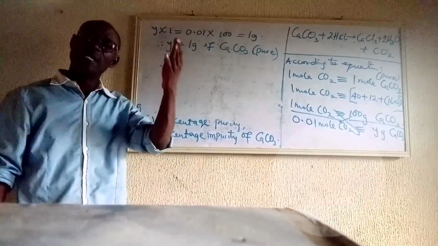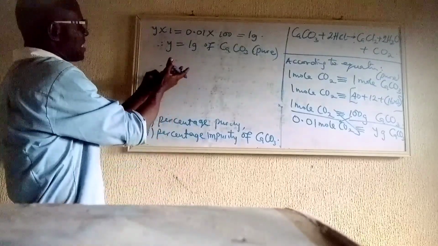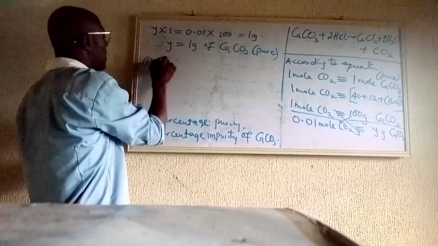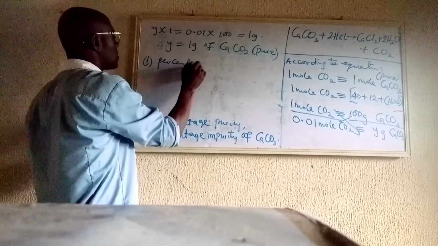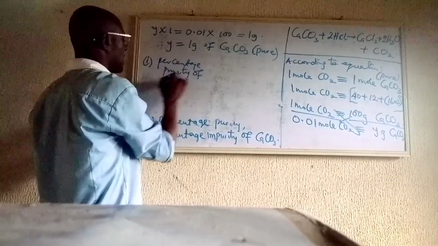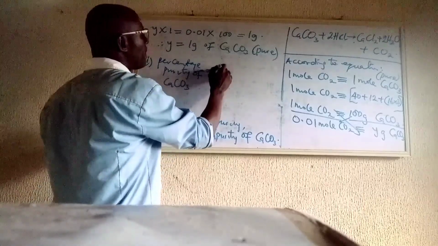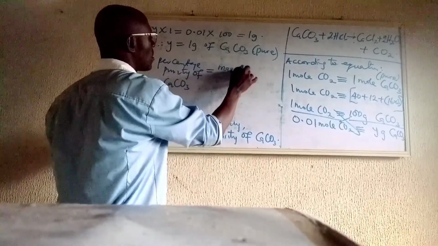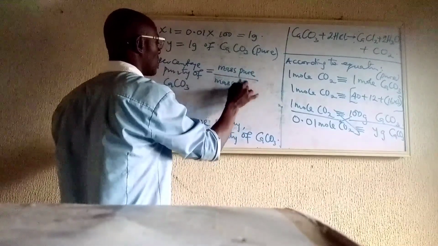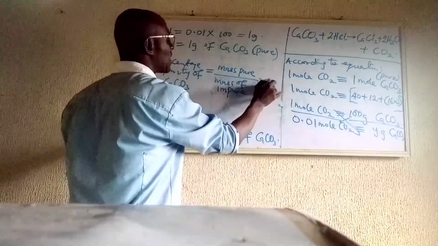To now find the percentage purity, we need to use the formula, Roman figure 1: percentage purity of calcium trioxocarbonate(IV) equals mass of pure over mass of impure, times 100 over 1.